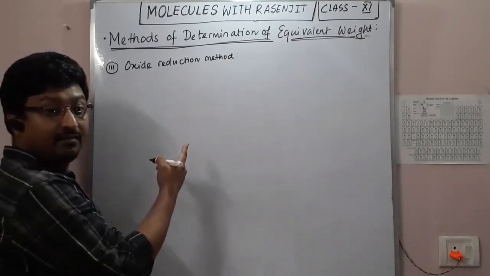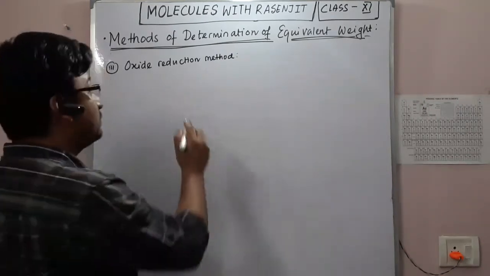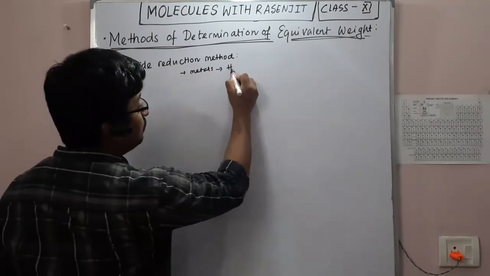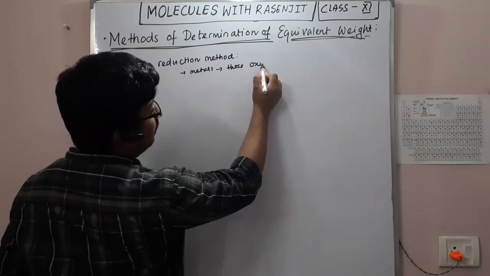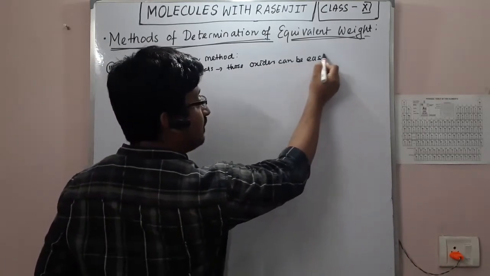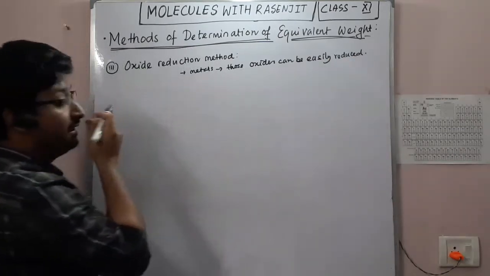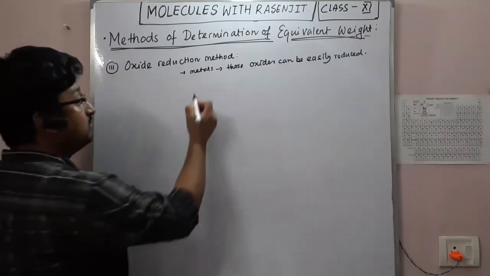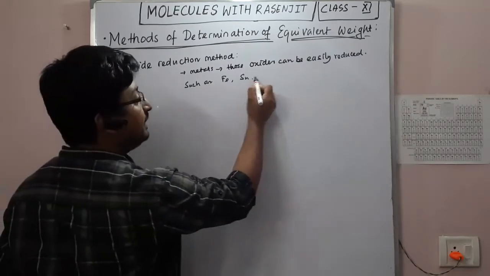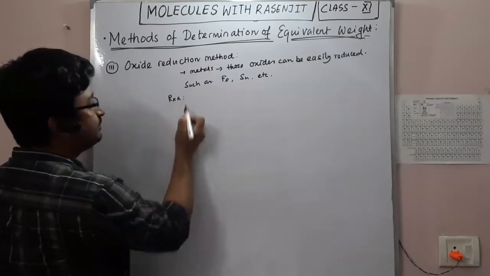In this method, you determine the equivalent weight of those metals whose oxides can be easily reduced, such as iron, tin, etc.